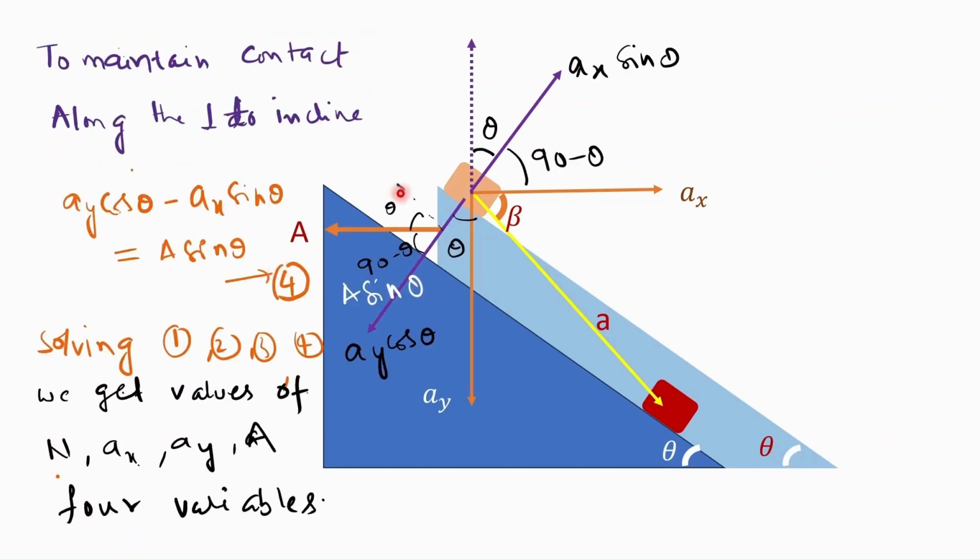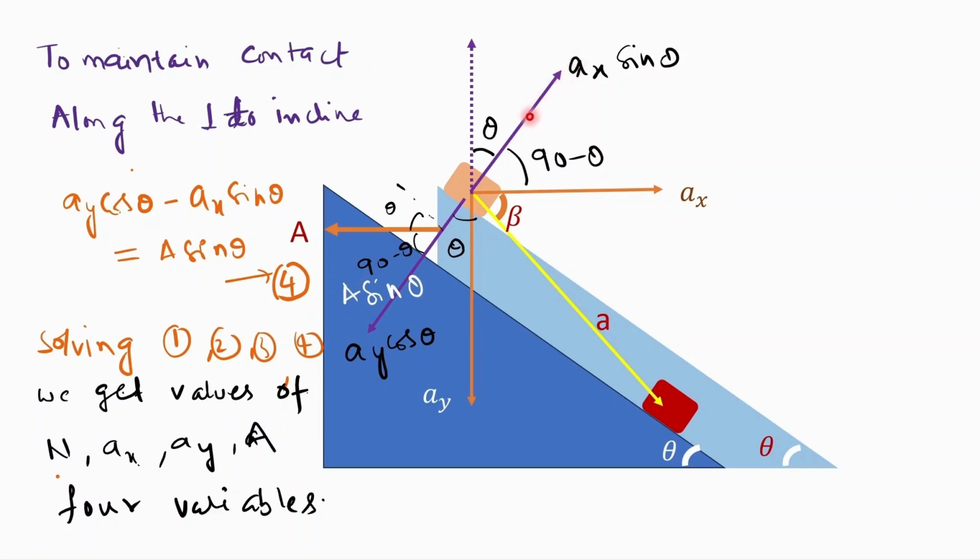For that, you see this Ax and this Ay, we have to write the components along normal to the inclined surface. Why? To maintain the contact between the two surfaces, the acceleration of the block normal to the inclined should be equal to the acceleration of this wedge normal to the inclined.